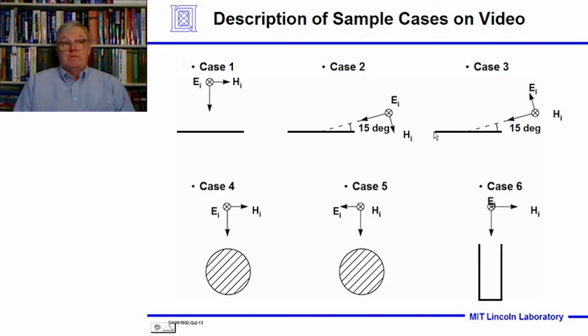a trailing edge reflection. Then we're going to look at a cylinder, and when the wave hits it, we're going to see a specular reflection coming off the cylinder. But if we change the polarization, we're going to have the creeping wave come around. And you're going to see that creeping wave effect.